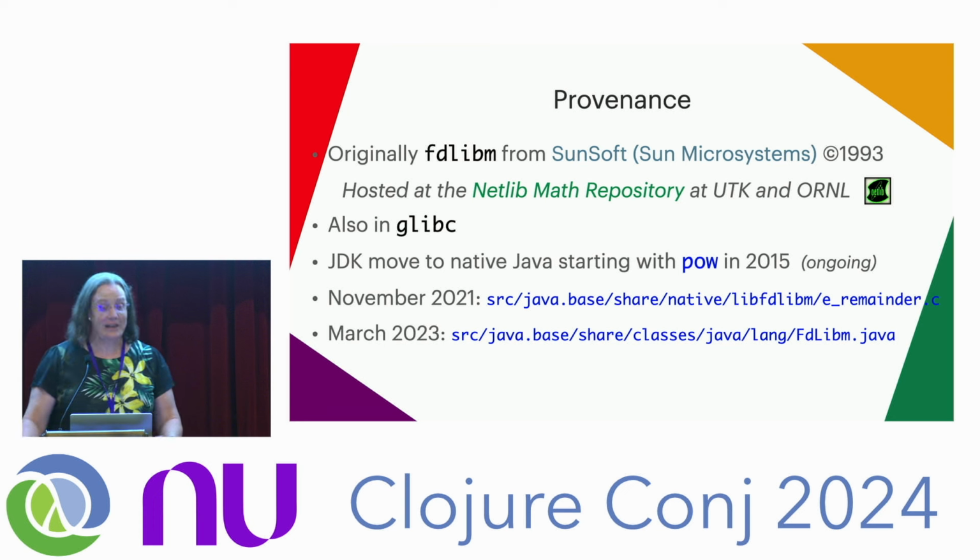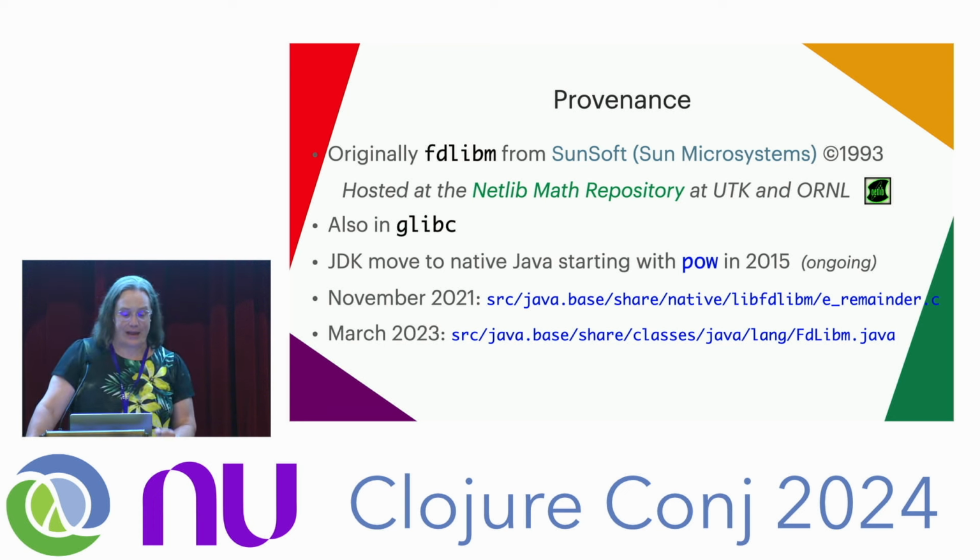Okay, so where did it come from? Originally, FDLIBM came from Sunsoft, Sun Microsystems. It was a part of Sun Microsystems. It came out in 1993. It's currently hosted at the NetLib Math Repository at University of Tennessee, Knoxville, and the Oak Ridge National Labs.